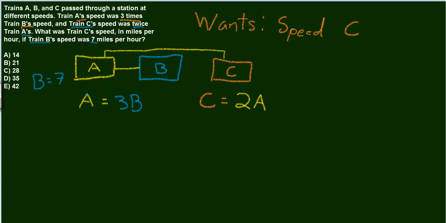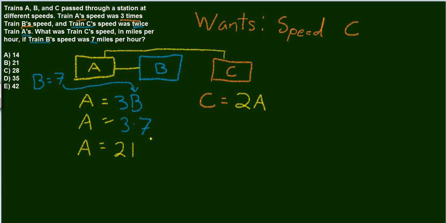Let's start putting what we have into our relationships. Which of these two relationships has a B in it? This is our only one, so we're just going to plug in what it gave us. The speed of B was 7. So A is going to be equal to 3 times 7, which is 21, yeah?